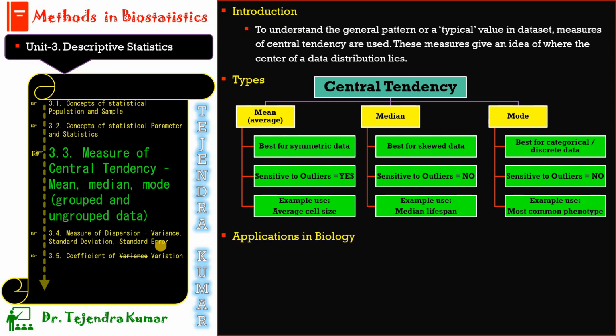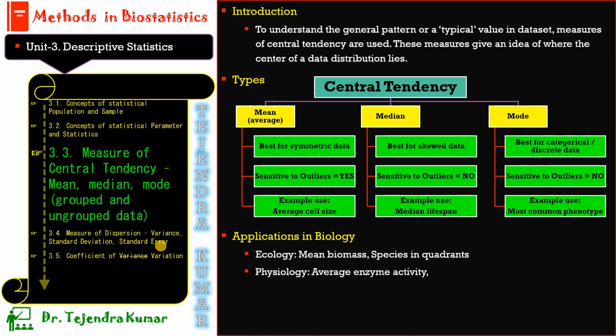There are some more applications of central tendency in biology, such as in ecology, if we want to analyze the mean biomass or the average number of species in a quadrat.